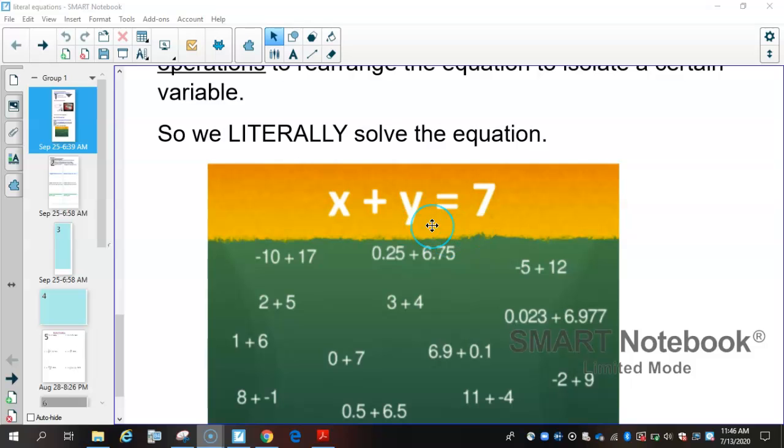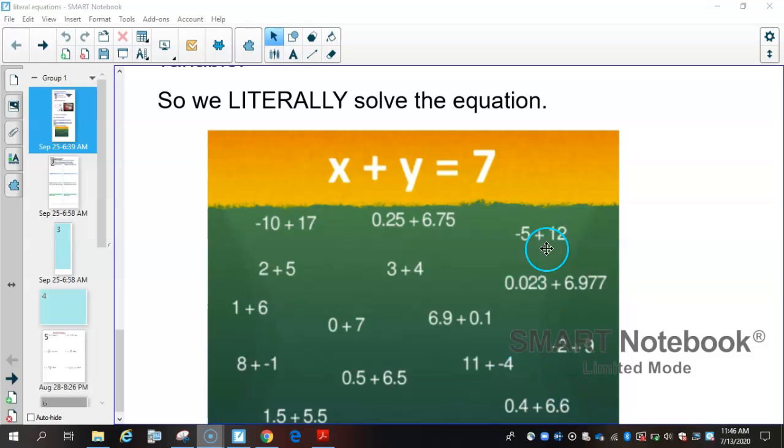So this would be an example of a literal equation. And I could solve this for x, I could solve this for y, it wouldn't matter. But because these are both variables, and we know that variables take the place of some number we don't know but eventually find, in this case we may not always find the answer, but there are infinitely many solutions that would work for this equation.